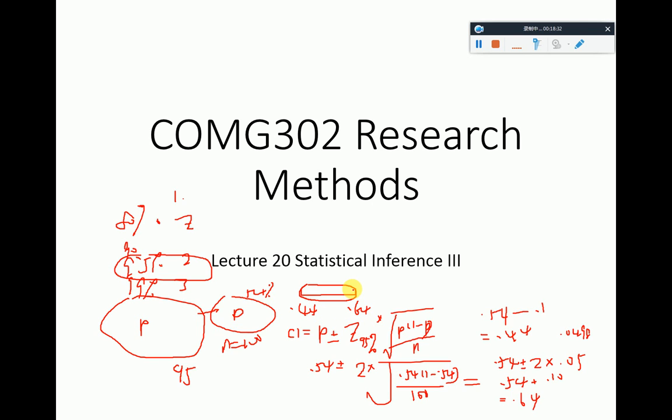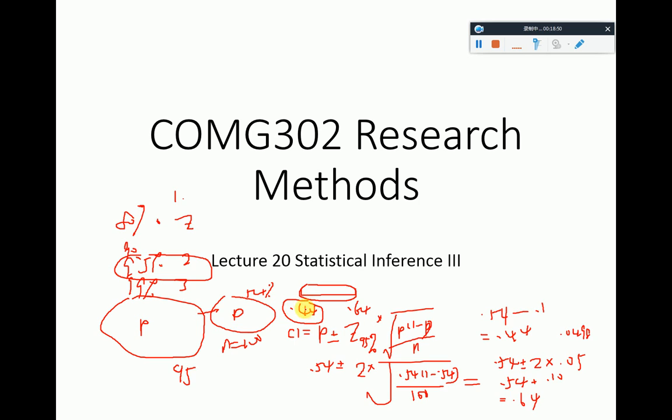Of course, his or her support rate can be as high as 0.64, but it can also be as low as 0.44. And if the support rate is 0.44, then by no means does this suggest that this political candidate has the majority support, right?